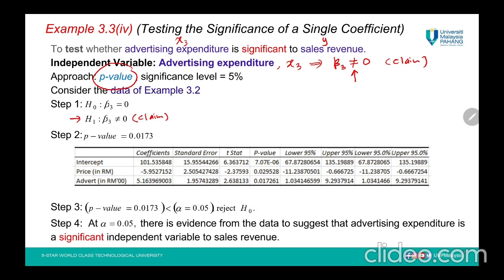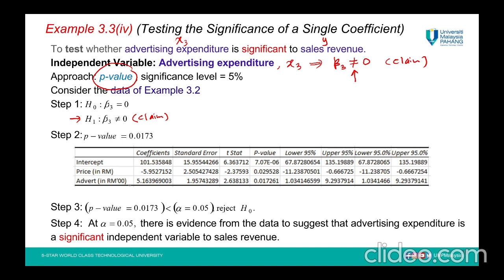Note that the approach used here is p-value, so there are 4 steps in the hypothesis testing. Step 1, we construct the hypothesis. The claim is under H1, so H0 here is beta 3 equals to 0. So complete step 1.